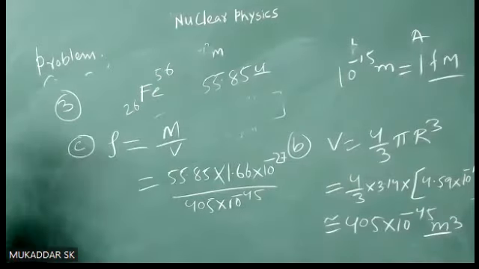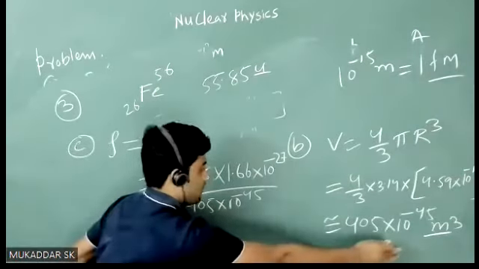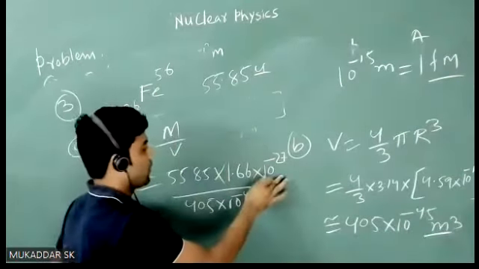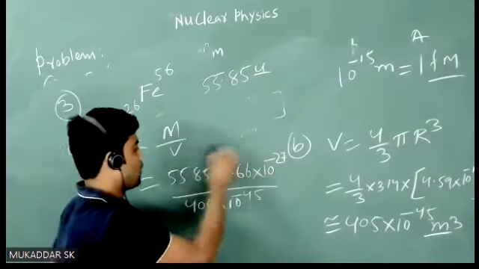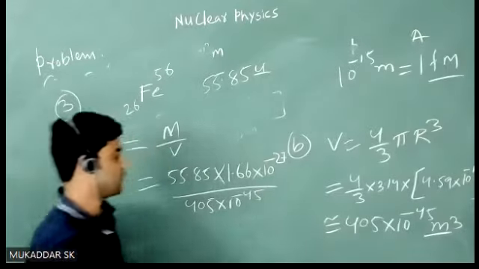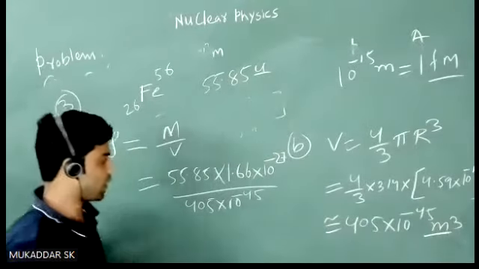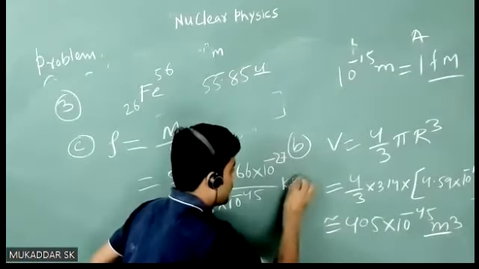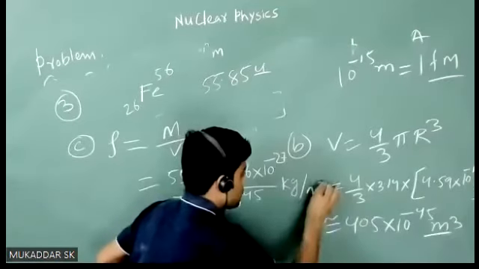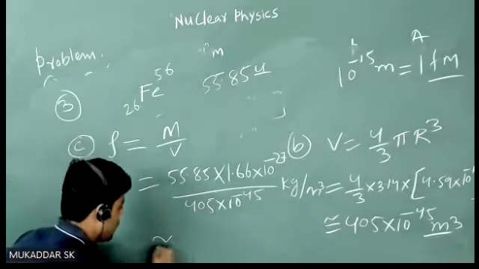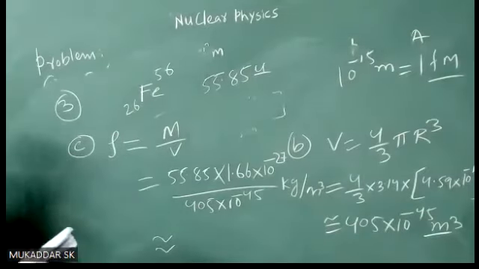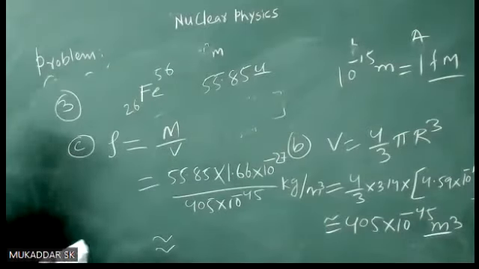Since that unit is meter cube, it is an SI unit, and obviously the mass is in kg, so both are in SI units. So you will get the density in kg per meter cube. If you calculate it, has anyone calculated it? 2.303 into 10 to the power 17.